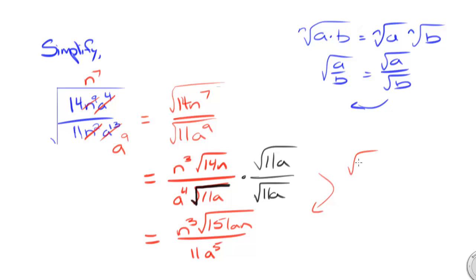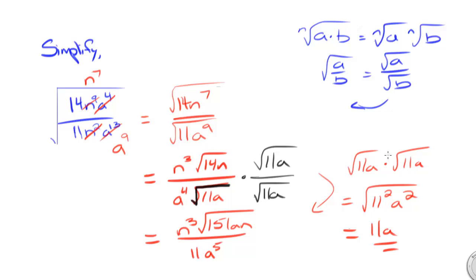Well, with just the radical part, square root of 11a times the square root of 11a, what I would get from that is the square root of 11 squared times a squared. But the square root of that is easily done because these both have an exponent of 2. Or you can think about it as just dividing those exponents by 2 to take the square root. The result of that multiplication is 11a.